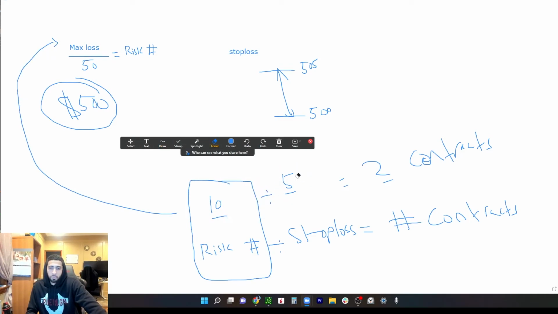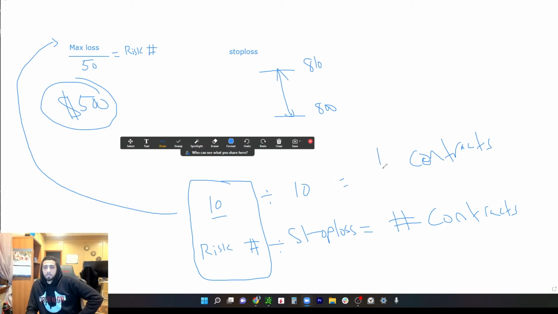So let's go over another quick example. If I'm buying calls as the stock is breaking 810, and then my stop loss is, let's say, 800. I'm gonna exit at 800, so my stop loss is $10 away.